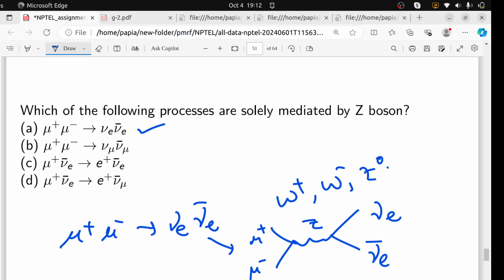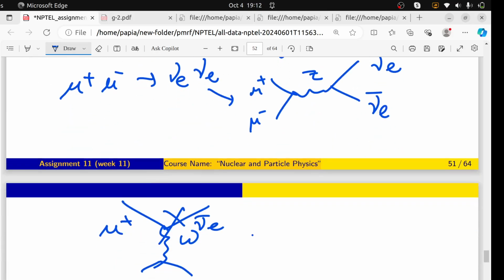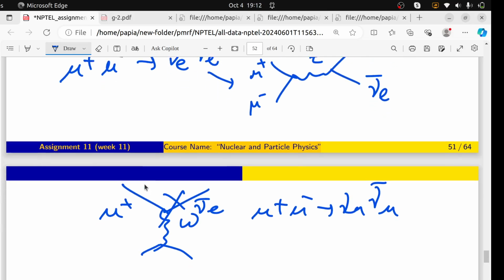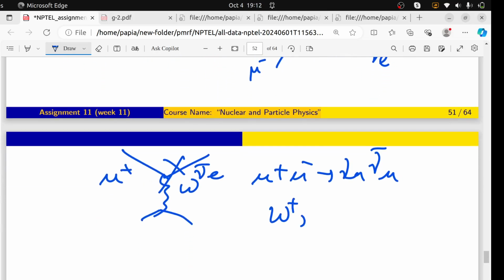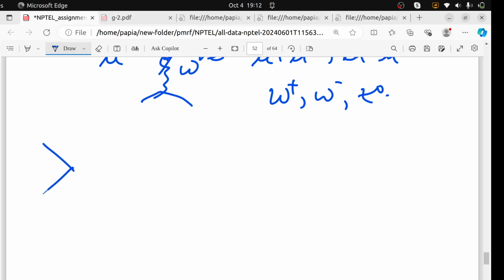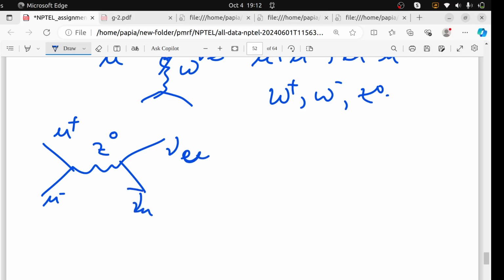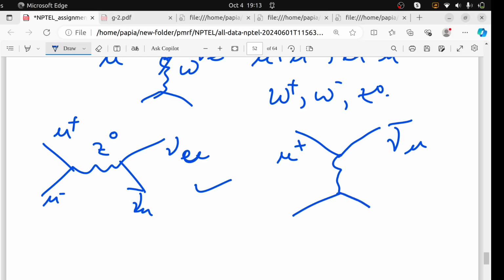Now mu plus mu minus mu bar. Again, as a neutrino is there, obviously it will be only W plus, W minus or Z0. Let me write Z0 only first. Mu plus mu minus Z mu bar. It is fine. Now we have to check whether it is through W or not. Mu plus mu bar, mu minus mu W. It can be possible.